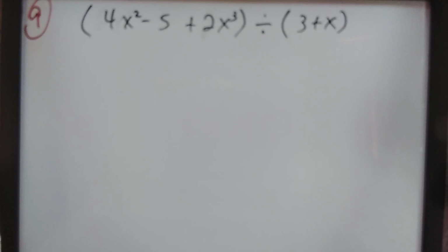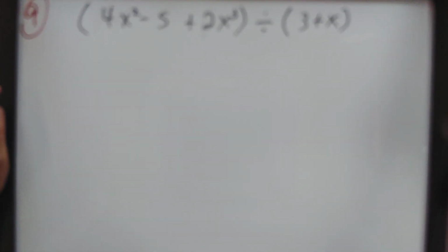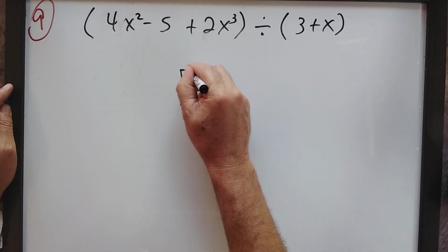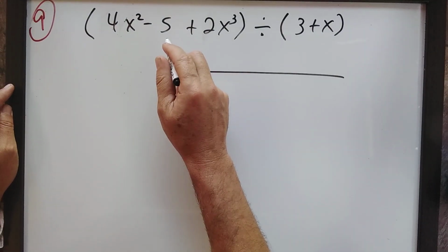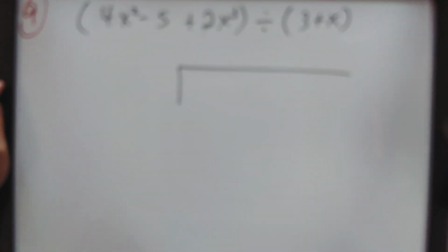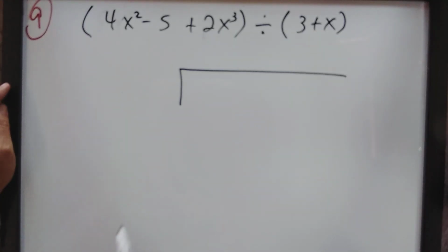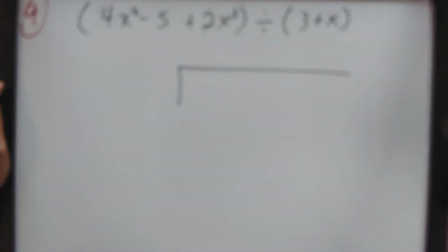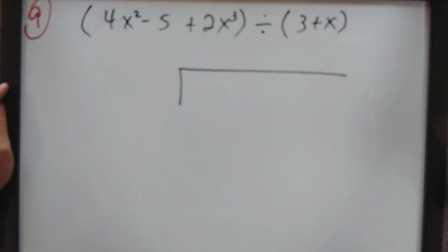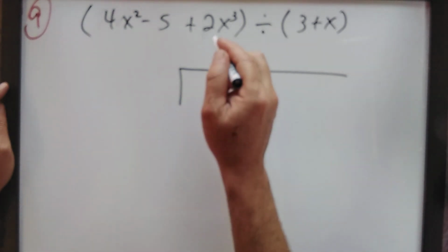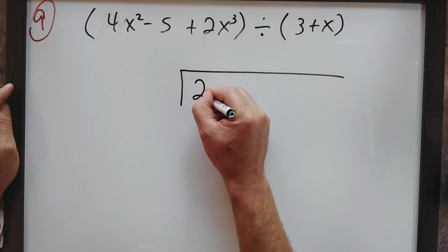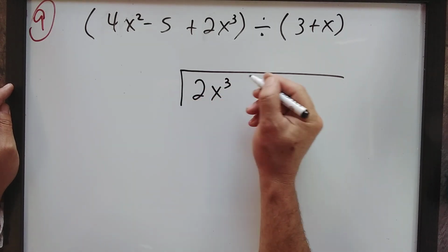Okay guys, last example, right? Let's look at this. The setup for long division. I'm going to put the dividend inside the box from highest to lowest exponent. Don't forget, if it's not in the right order, you rearrange the terms in descending order of the variable. So the highest one is 2x to the third, so I'm going to have 2x to the third. What comes next?